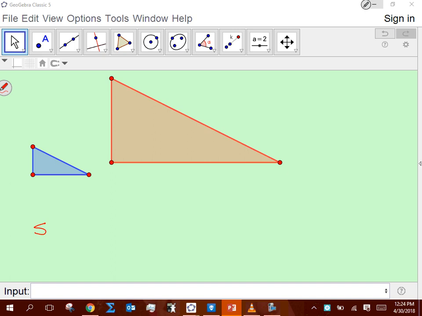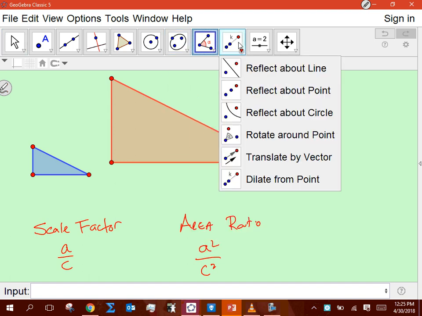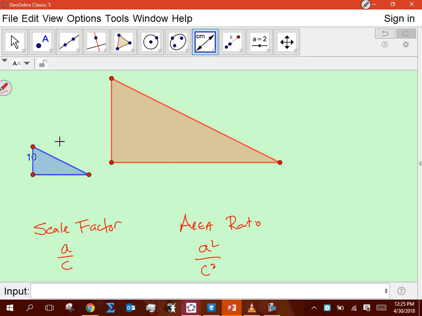So similarity ratio or scale factor was, what do we say, A over C, okay? The area ratio was A squared over C squared. If I look at, let's see here, that distance right there being 10, okay?